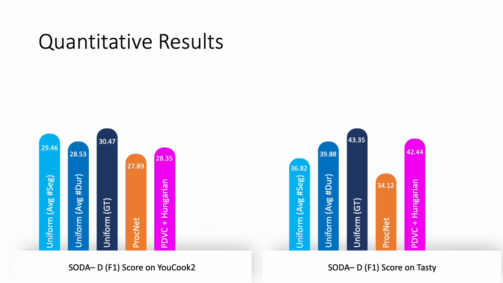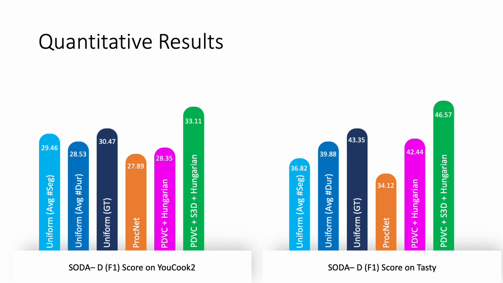We also explore video features and found that features extracted from the S3D model, which is trained on a multimodal objective, perform better than simple image-based features. This improves the state-of-the-art by 4.75% on YouCook2 and 4.1% on Tasty.